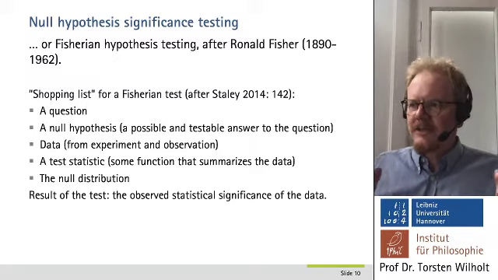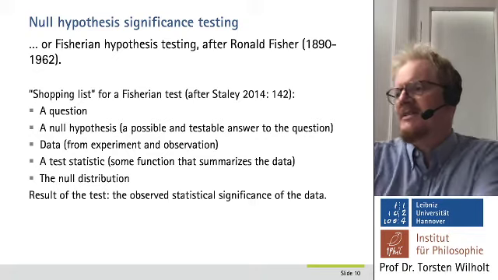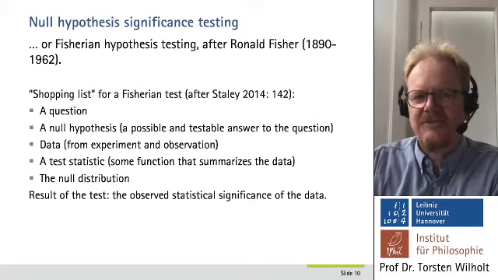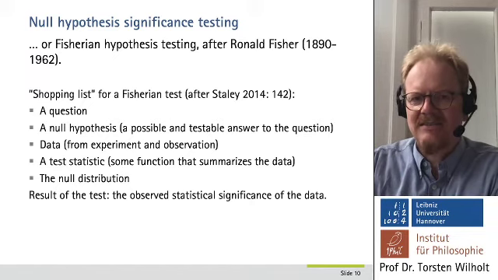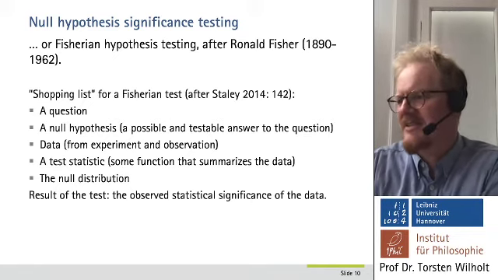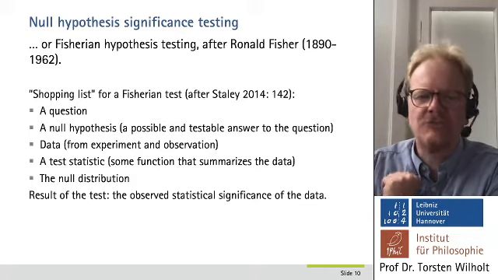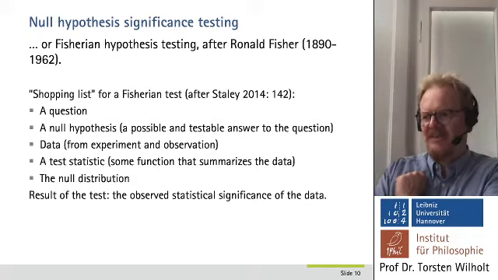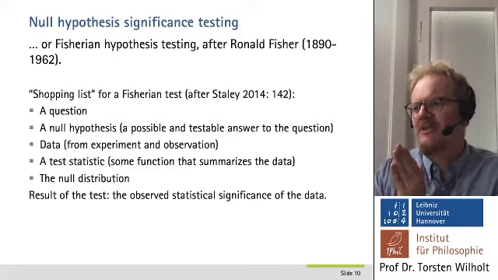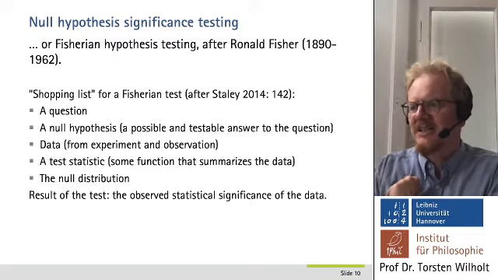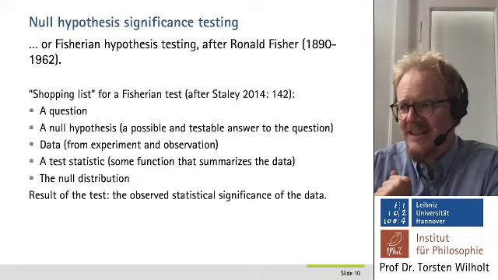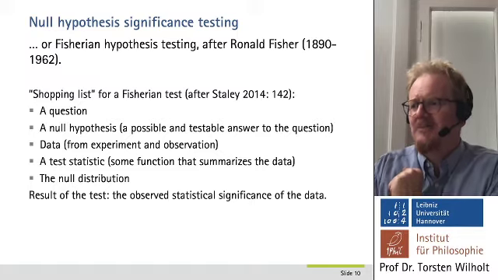And null hypothesis significance testing is often characterized in such a way that it is said that the aim is to refute the null hypothesis. But that's not how Fisher put it, and that's not an ideal way of thinking about it, as the test having any kind of aim.